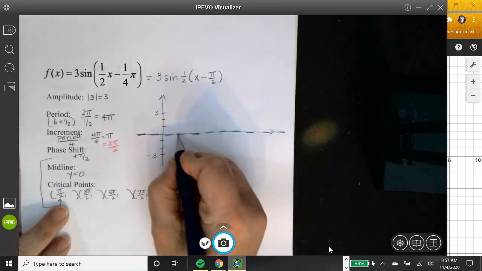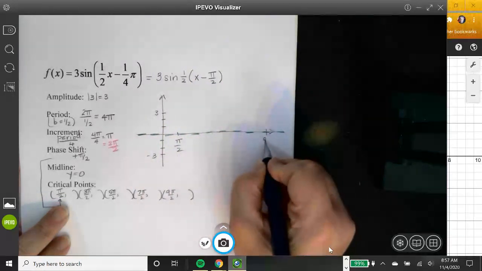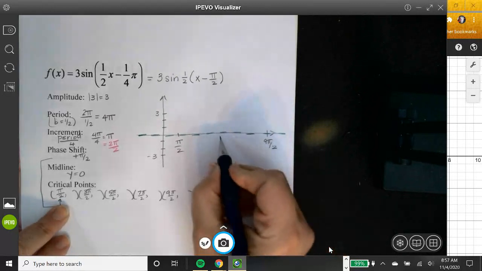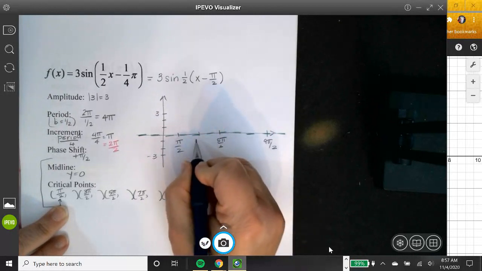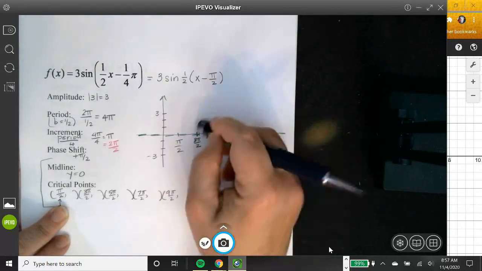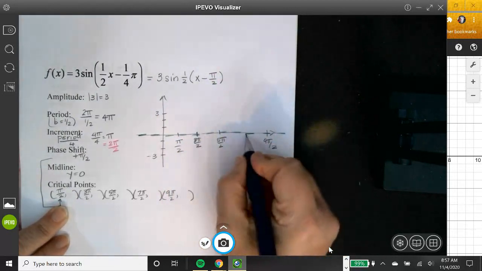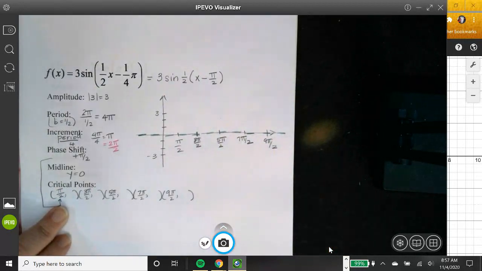And we're starting at pi over 2, and we're ending at 9 pi over 2. Halfway looks like right about here, which is 5 pi over 2. This would be 3, that's not quite in the middle there. And then the middle here, 7 pi over 2, that's not quite the middle either. Oh well, I'm trying.